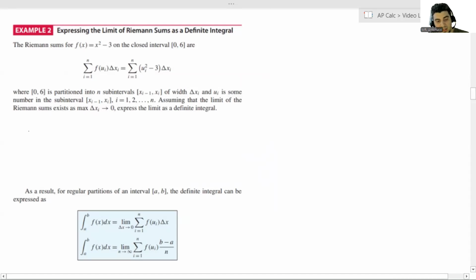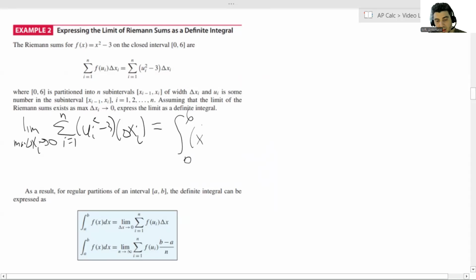So if we take the limit as the max of delta x sub i approaches zero of the sum i equals 1 to n of u sub i squared minus 3 delta x sub i, it's going to exist. And we can rewrite this as the integral from 0 to 6 of x squared minus 3 dx.